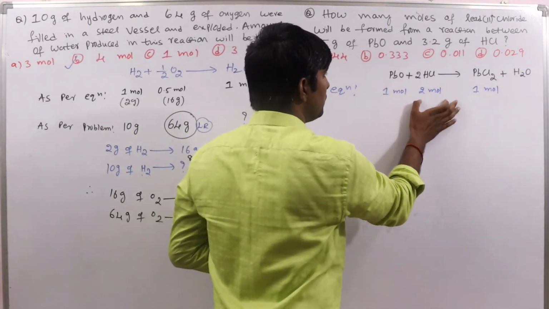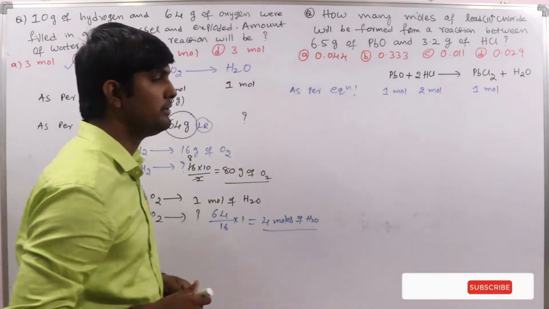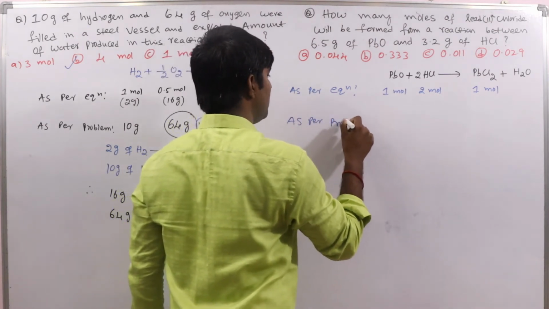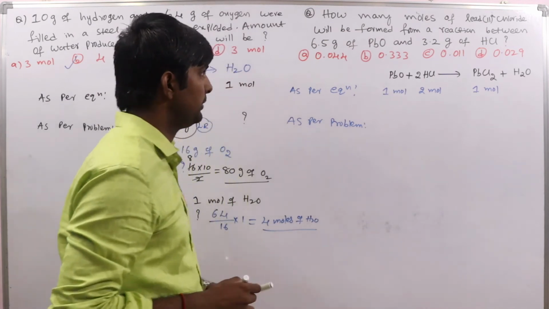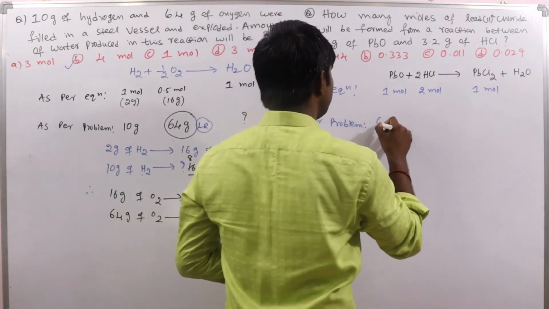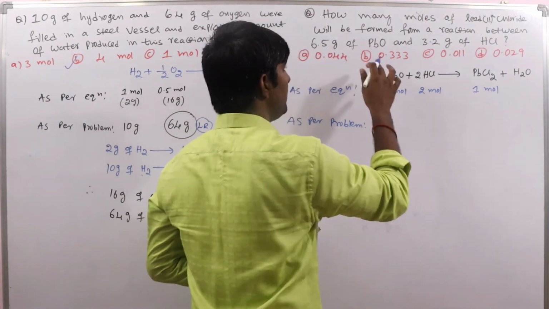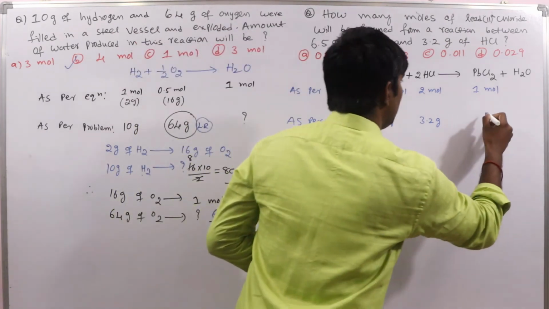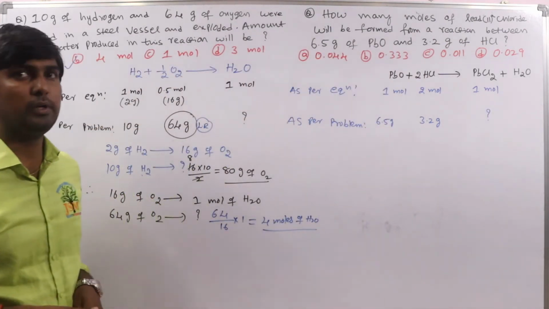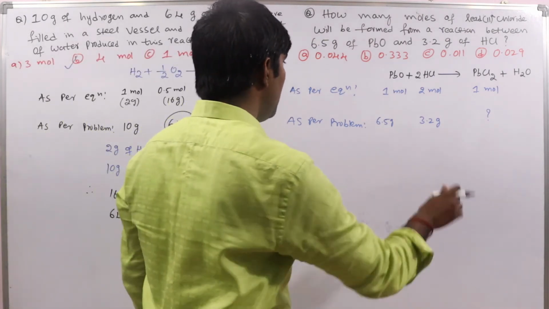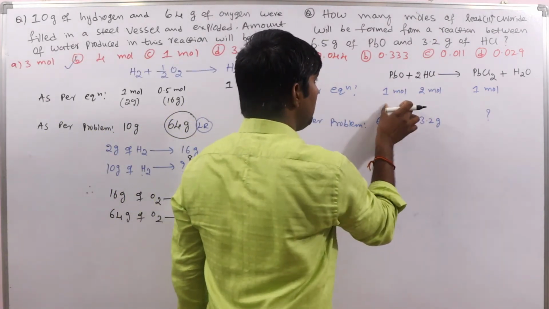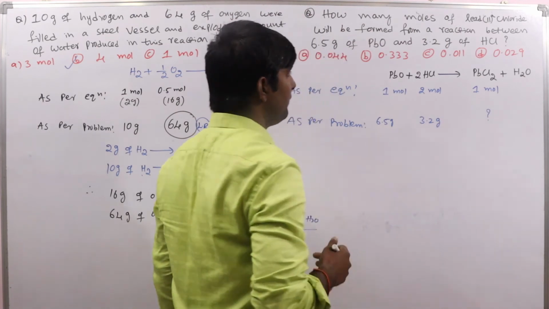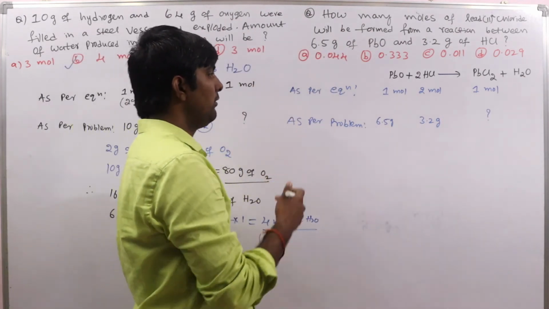As per the given problem, they have provided 6.5 grams of PbO and 3.2 grams of HCl, and we have to identify how many moles of PbCl2 are formed. Here also, for 1 mole we need 2 moles, right? So first of all, we have to identify the limiting reagent. This we can solve in a simple way.